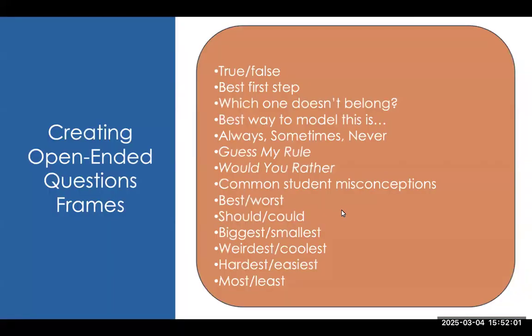So these are some examples of sentence frames that we can use, and there are also instructional routines, or have become instructional routines, because they do provide for that open-ended type of learning.